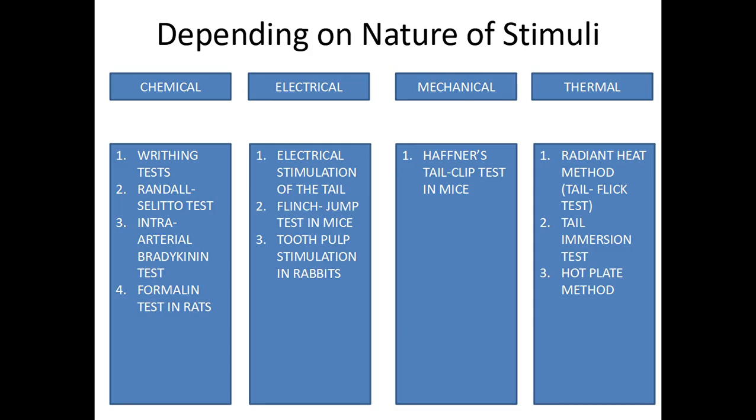In electrical method, there is electrical stimulation of the tail, flinch jump test in mice, tooth pulp stimulation in rabbits. In mechanical, there is Haffner's tail clip test in mice, and thermal, it is radiant heat method, that is tail flick test, tail immersion test, and hot plate method. So we'll discuss individually.